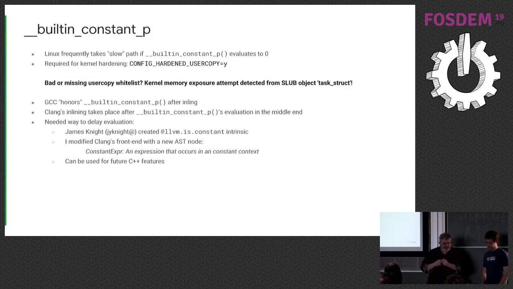Damn you. Okay. He had mentioned earlier that there had been kind of a lack of support for some of the GCC features in Clang. And one of the big ones was built-in constant P. It wasn't that we were getting it wrong. It's just that GCC was doing what GCC does.